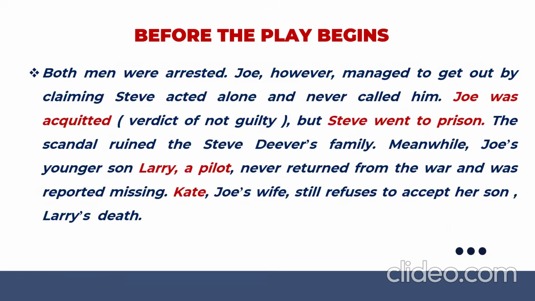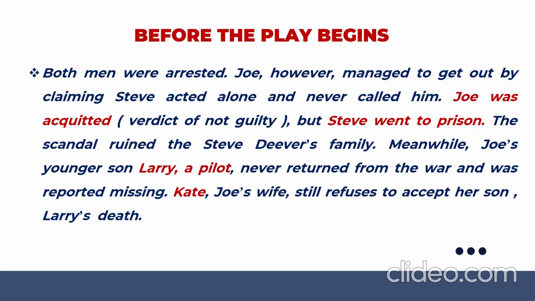Both men were arrested, Joe and Steve. However, Joe managed to come out of the case, and he claimed that Steve had taken the decision, and that he himself was suffering from flu. He said, no, I didn't call Steve and I didn't give any instruction. He told a lie, and somehow he came out of the case.